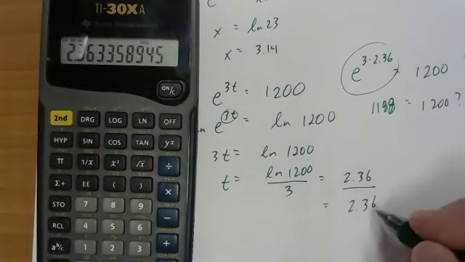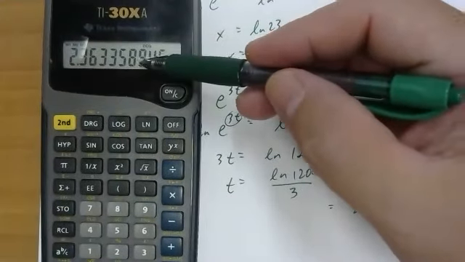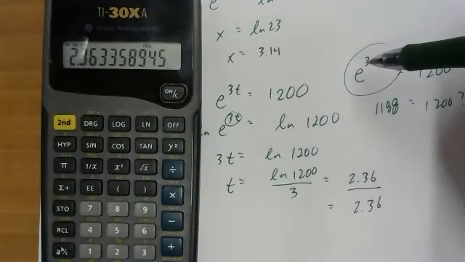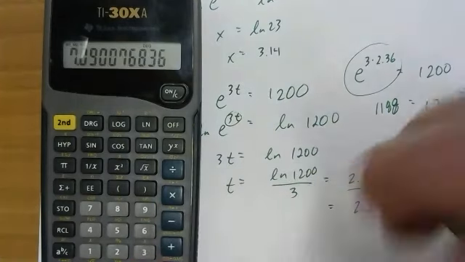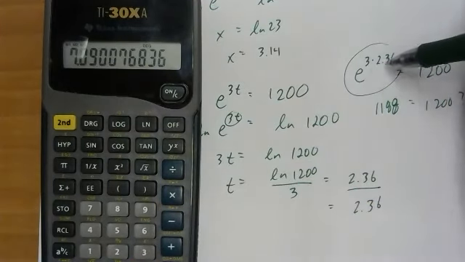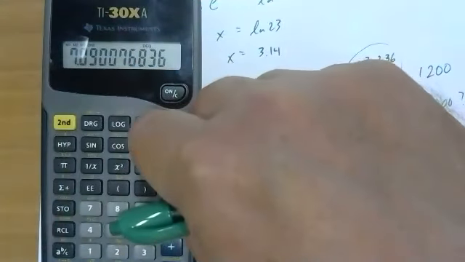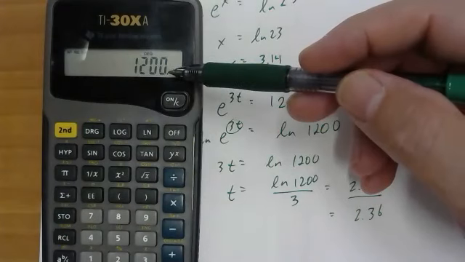Instead of 2.36, matter of fact, I'm not going to write it down. I'm going to leave that number here. So this is t. I'm going to multiply it by 3. And then I'm going to convert it to an exponential equation. Let's see if it's a little bit closer to 1200. And look, it ends up being 1200.